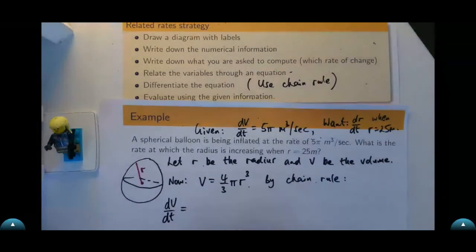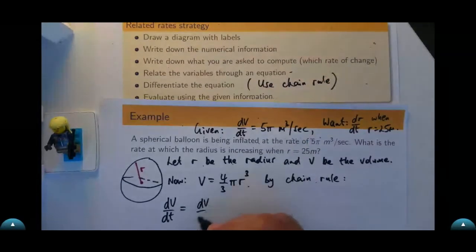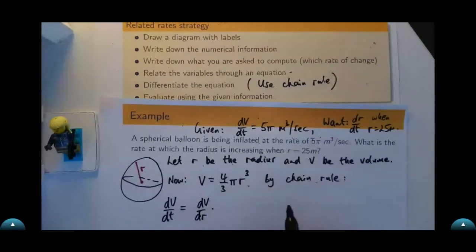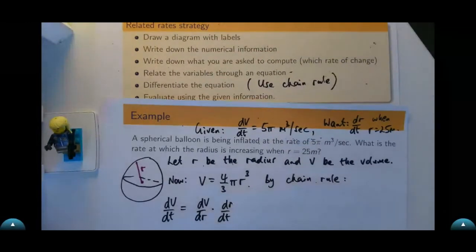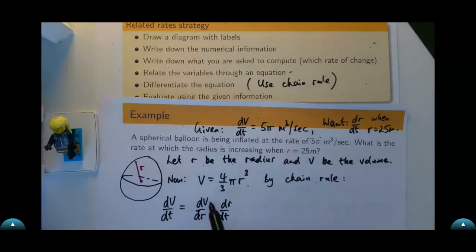So dV/dt equals dV/dr times dr/dt. Okay, so dV/dt is given there, dV/dr and dr/dt is there.